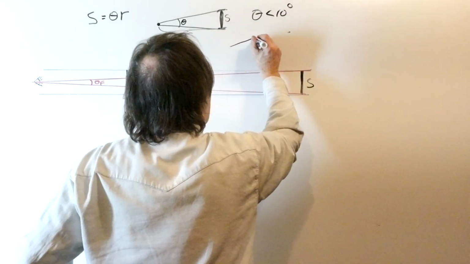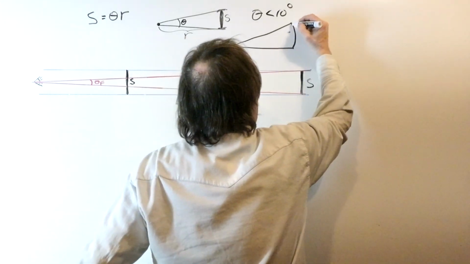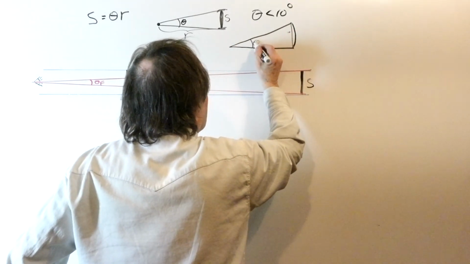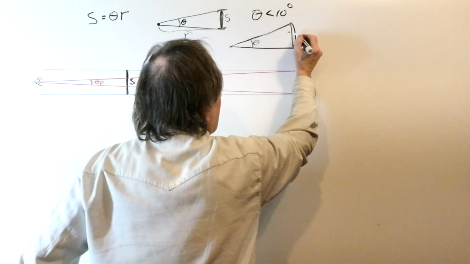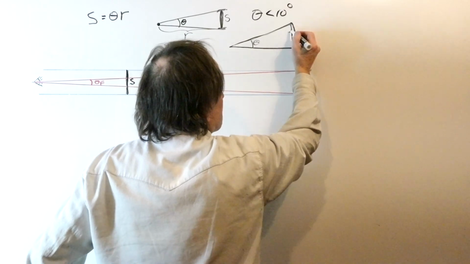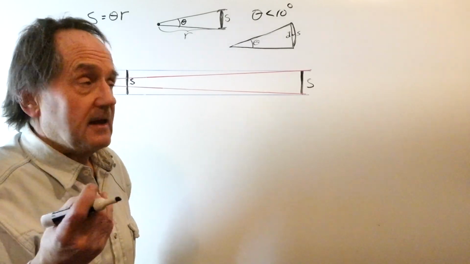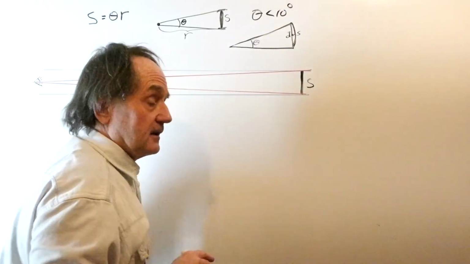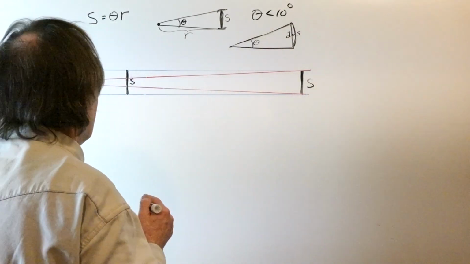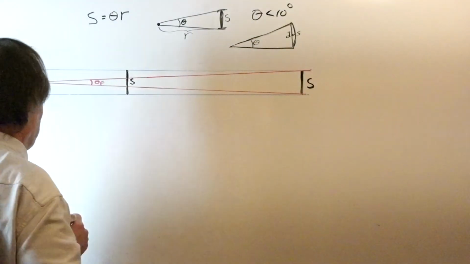If I sweep out an angle, I see an arc, but I can approximate it with a straight line, where we have a triangle. The total arc length compared to the straight line distance, called D, are essentially the same for angles less than 10 degrees. We'll derive that later, but we'll just take my word for it right now.